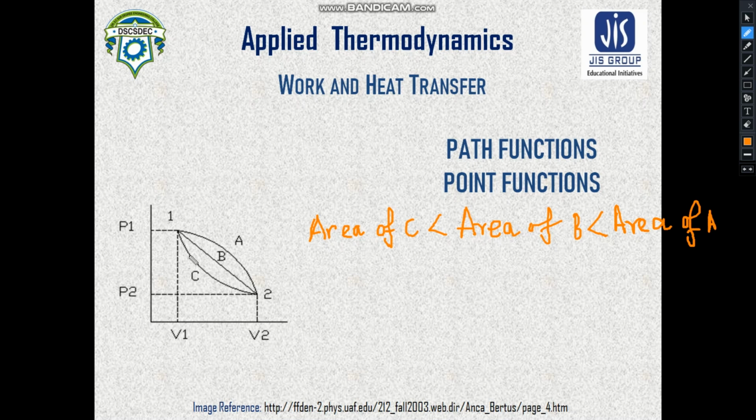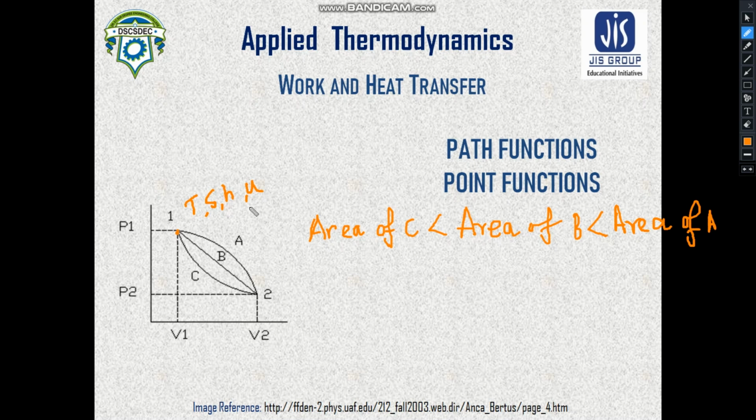The functions which depend on the nature of the thermodynamic paths are called path functions. On the other hand, there are some properties like temperature, entropy, enthalpy, internal energy. These are the common notations.